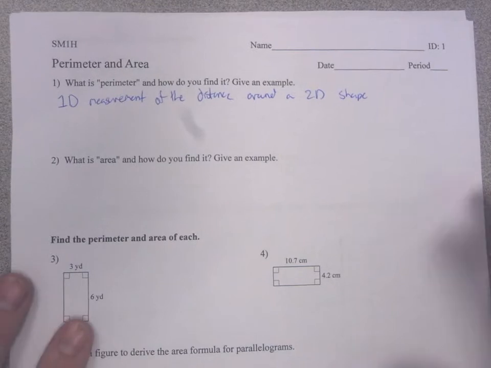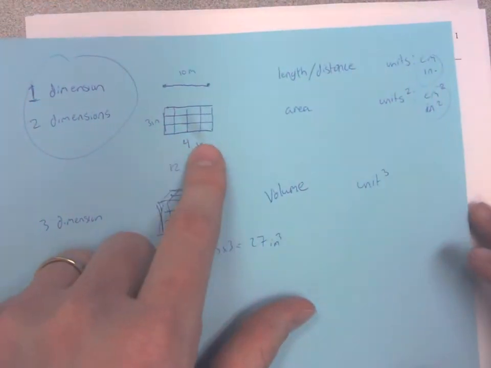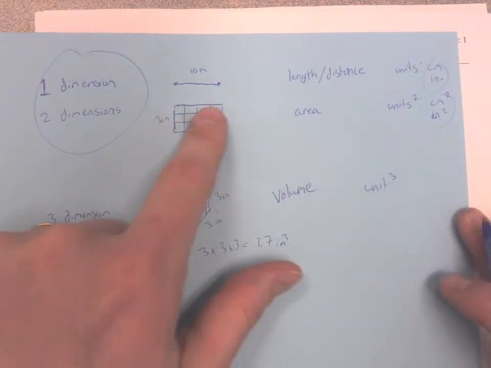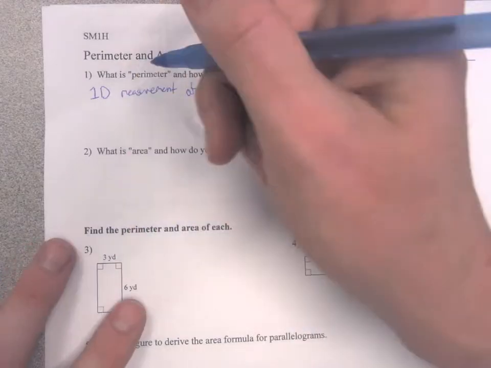Okay, so we just said the measurement of a 2-dimensional object is area if we're talking about like the inside space. So let's kind of draw this out so that this makes a little bit more sense.